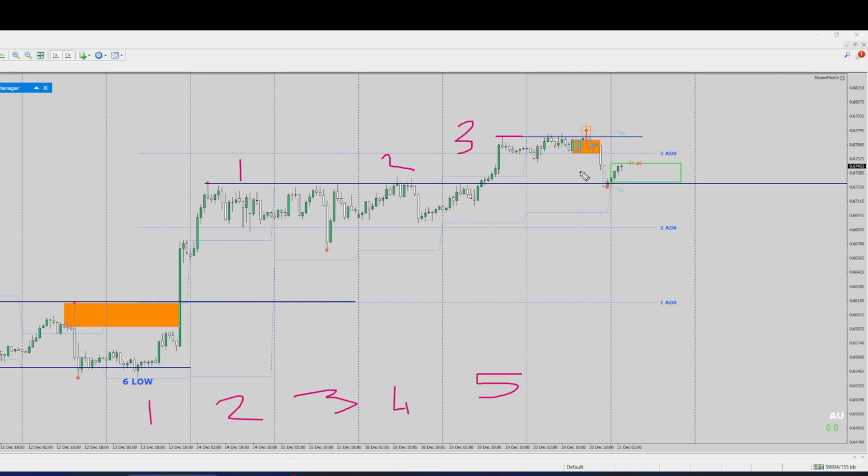Okay, and then we created the high. So then we're coming into the 6th day, which is technically still the 6th day, right? It's still December the 20th, even though the market is showing the 21st and we're already in Thursday, right? This is Thursday, but right now it's still Wednesday for me. Okay. So it created the high, right? This is very important because now we're at the high.